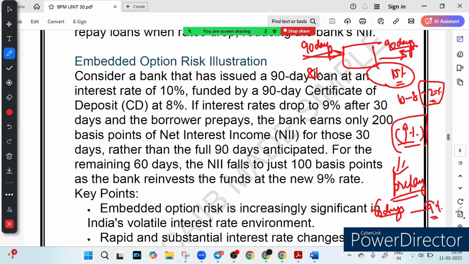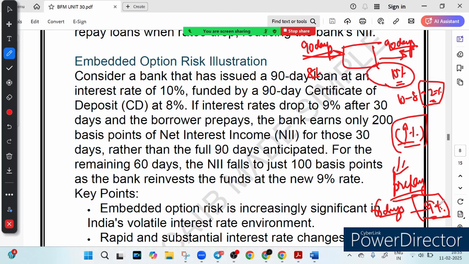So ultimately the profit is reduced by 1%, because the rate sensitive asset is now at 9% and the deposit is still 8%, so the difference is only 1%. So instead of earning 2% profit for 90 days, the bank loses out for the last 60 days because the borrower prepaid the loan.